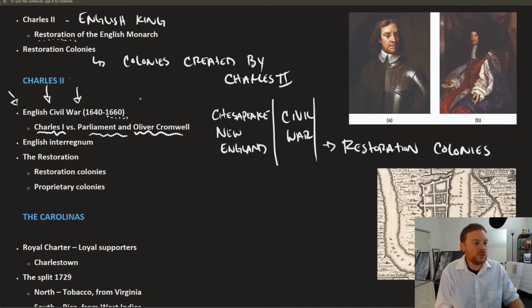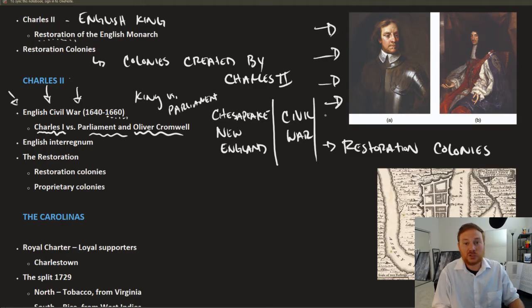So this was a war of king versus Parliament. You have a picture of Oliver Cromwell right here. And during that conflict, the English King Charles I was beheaded, and therefore Parliament and Oliver Cromwell were victorious. The period in England where there was no king, because the king had been beheaded, is referred to as the English Interregnum.